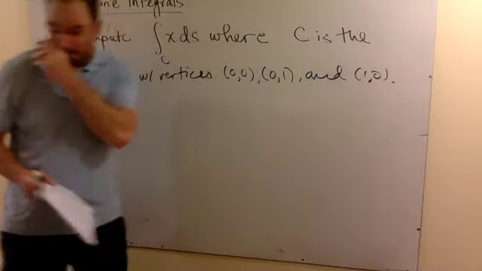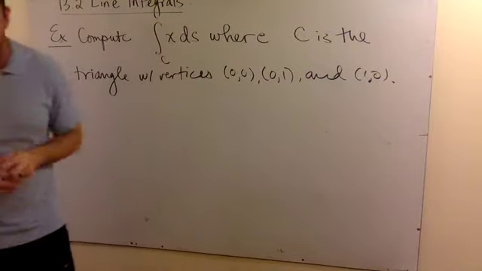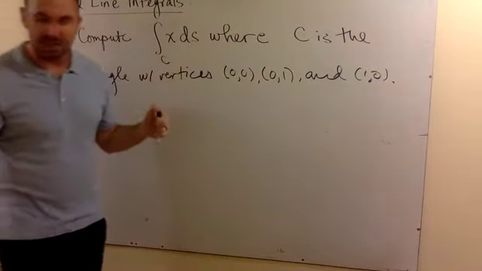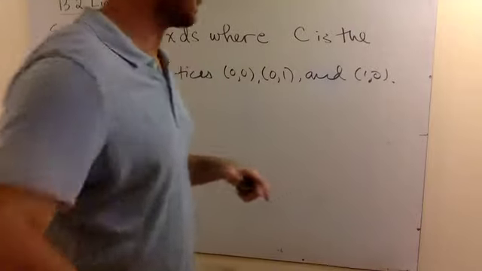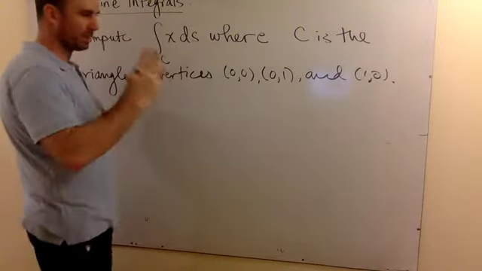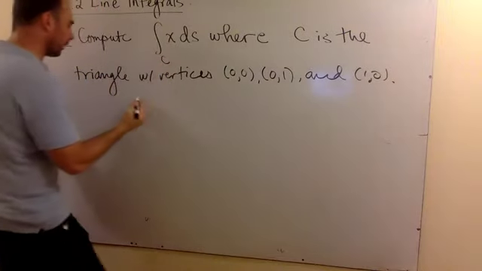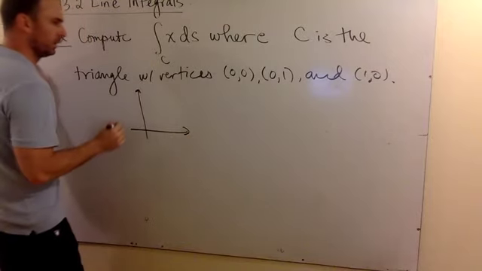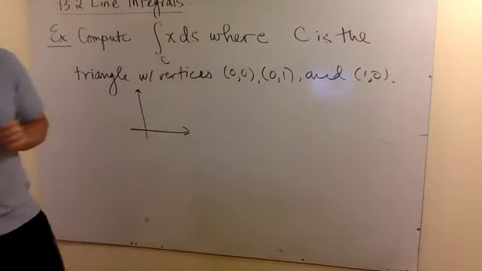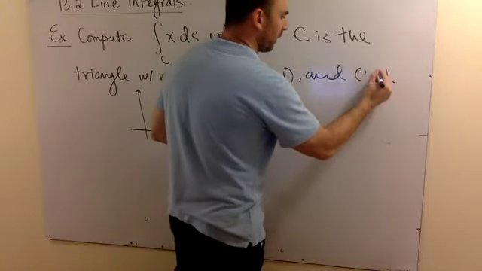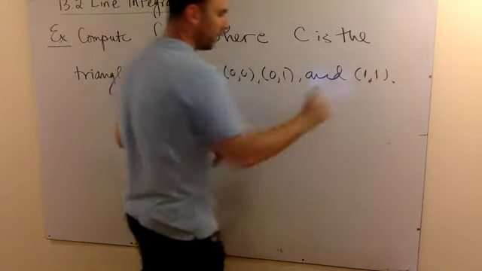Okay, so here we go. Here is an example of a curve that's split into several pieces. It's the triangle, and by triangle, I don't mean the solid triangle, I just mean the perimeter of the triangle. But anyway, here's C. Sorry, guys, this is the one I worked out earlier in my notes, this is a 1, 1.